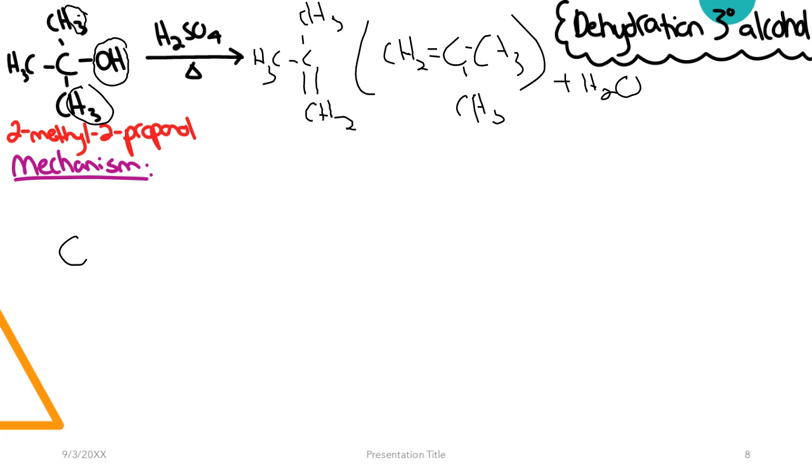Okay. So our mechanism, first step is still the same. I'm going to protonate that OH group because I want to convert it to a good leaving group because it's a poor leaving group right now.